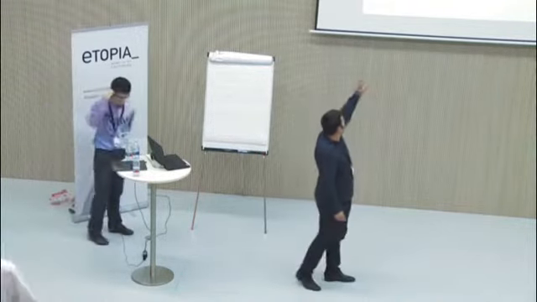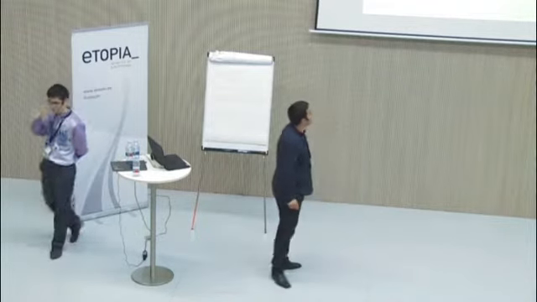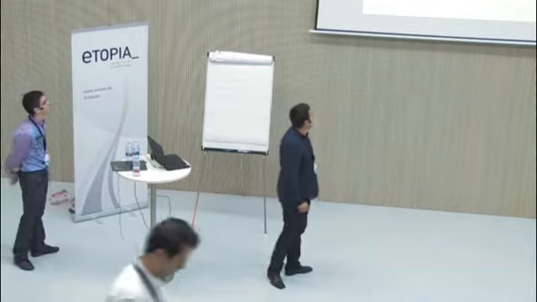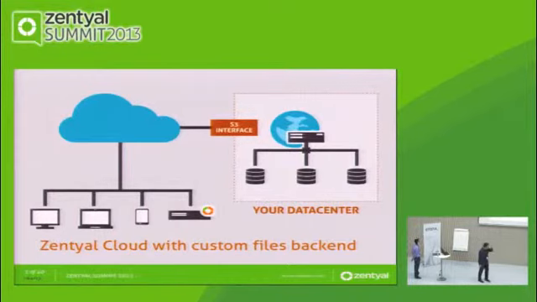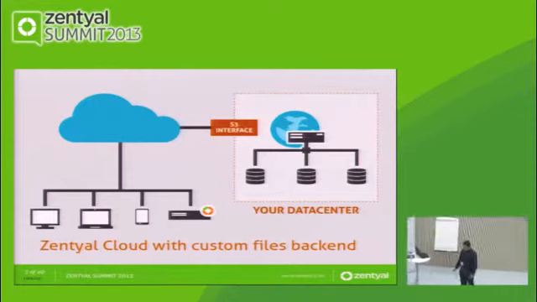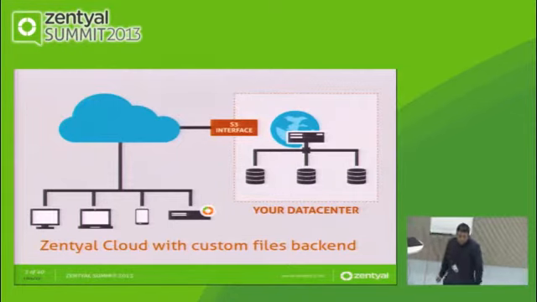Basically, you can have a browser, a laptop with the Zentyal desktop client, a mobile, or even a Zentyal server, and you can synchronize your files to your data center using an S3 interface. The S3 interface is an Amazon-defined protocol to store objects. I will explain later what an object is here, and then get it from there.